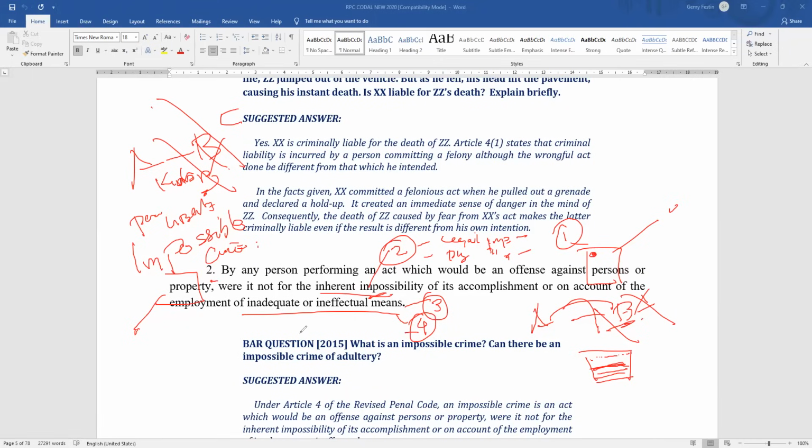So the act must not be punished, or must not constitute a crime under other provisions of the RPC. If that act constitutes a crime, then it's not impossible crime. Of course, there should be evil or criminal intent.